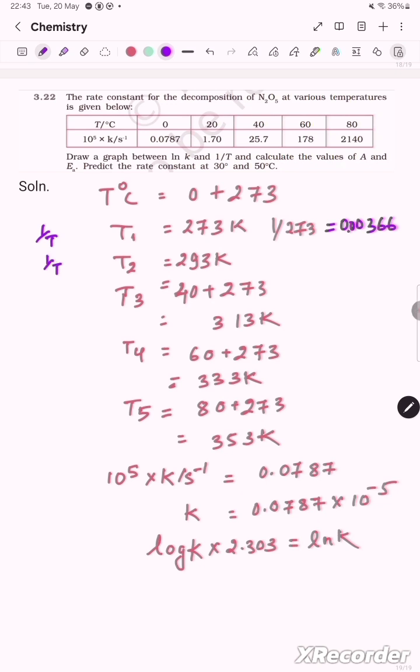Now the second temperature, 1 by 293, is equal to 0.00341. The inverse of 313 Kelvin is equal to 0.00319.